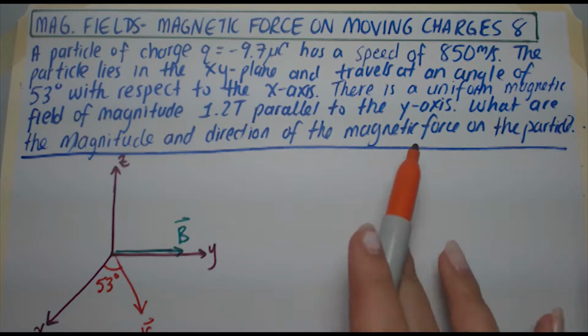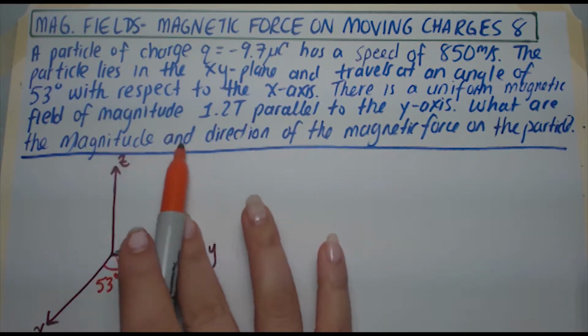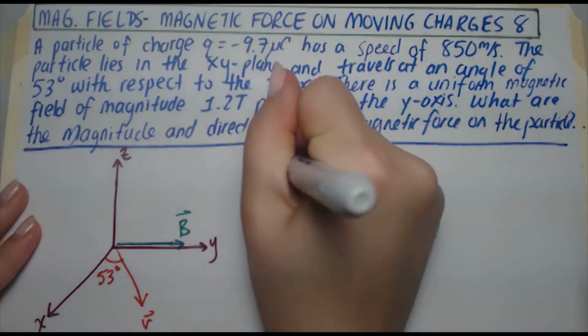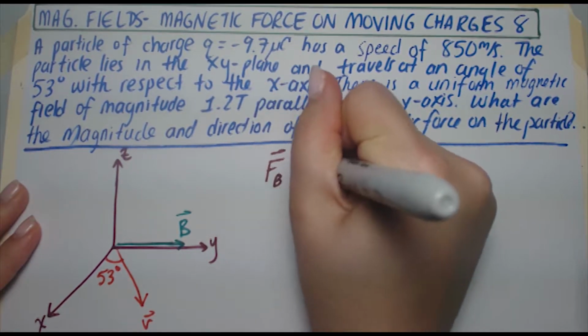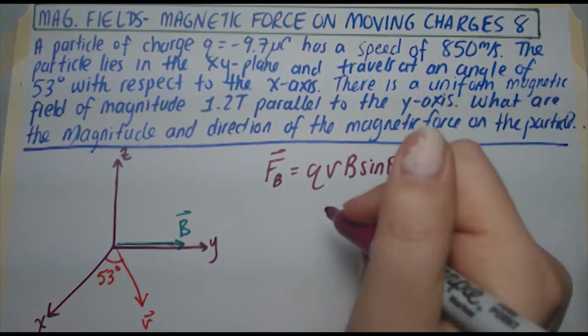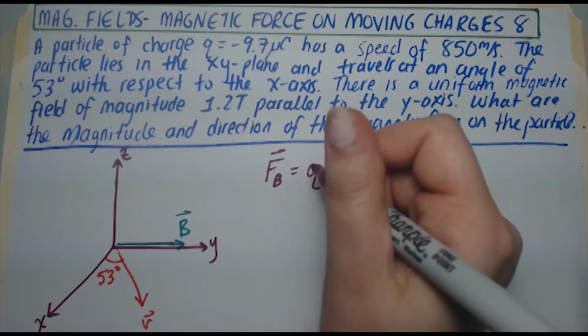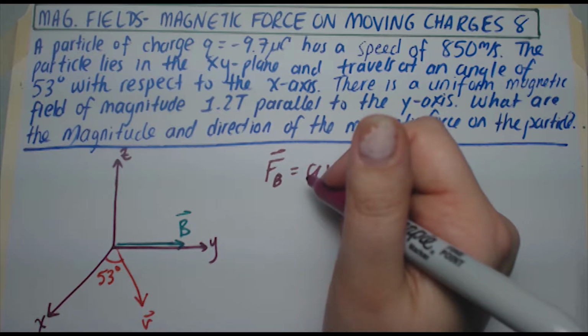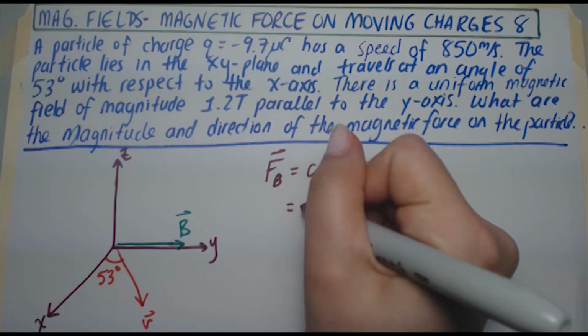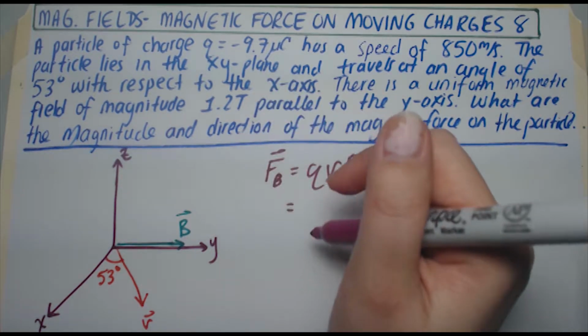Now we have to figure out the magnitude and direction of the magnetic force. The magnitude of the magnetic force is always going to come from this formula, QVB sine theta. You just plug in the amounts. The direction is going to come from the right-hand rule, which we'll do in a moment. Q is negative 9.7 microcoulombs.